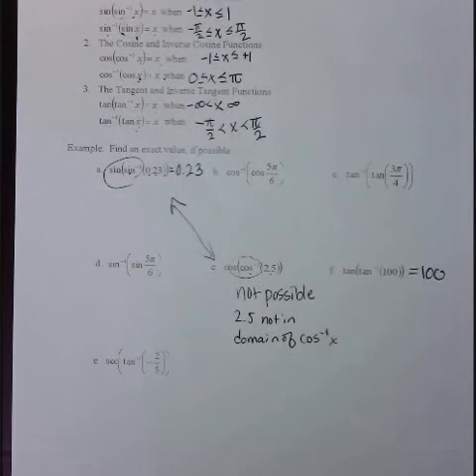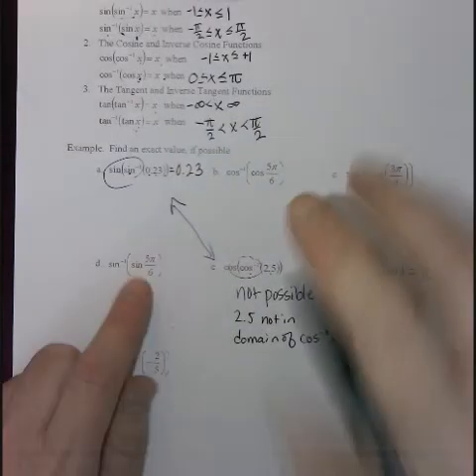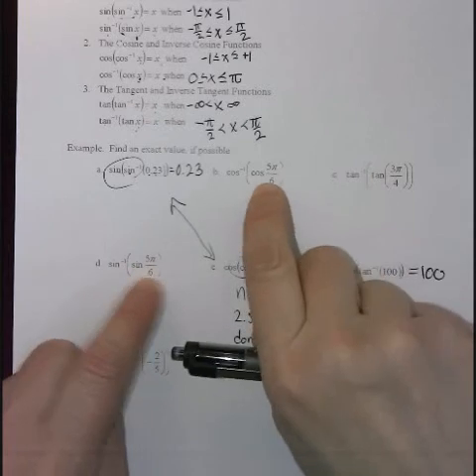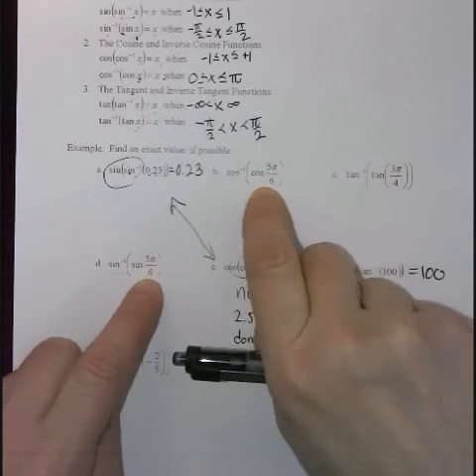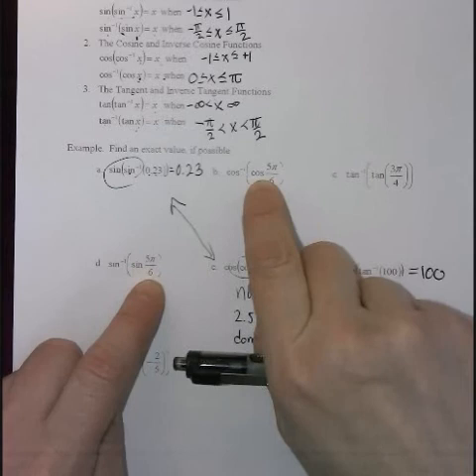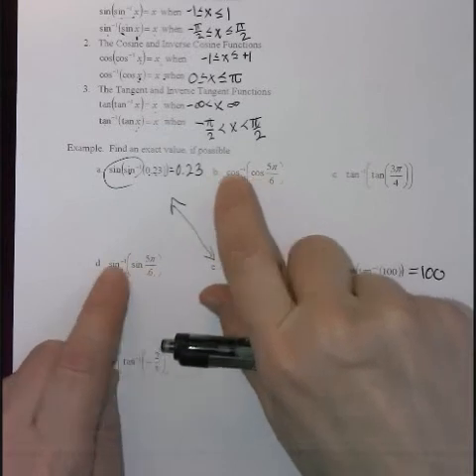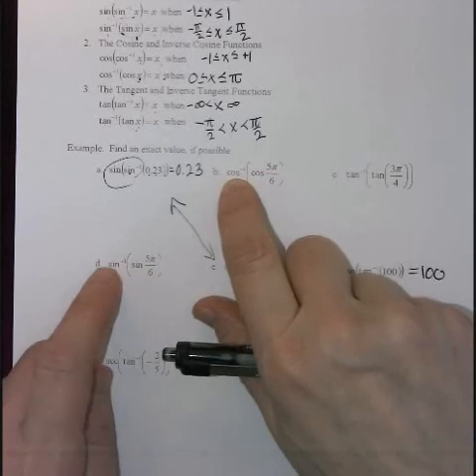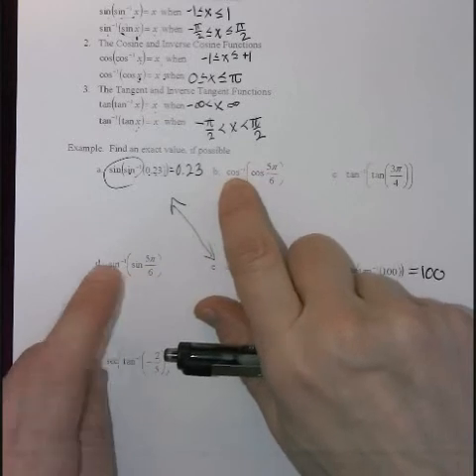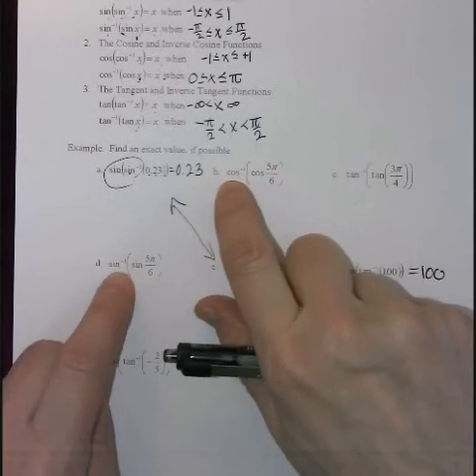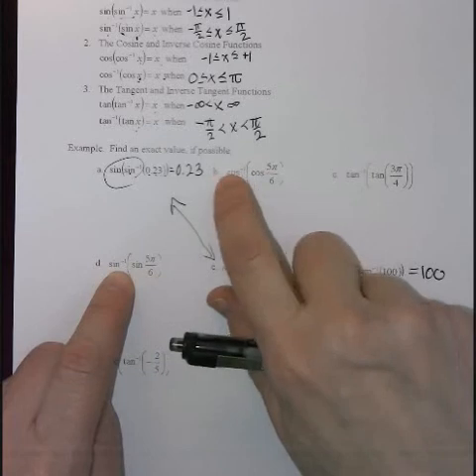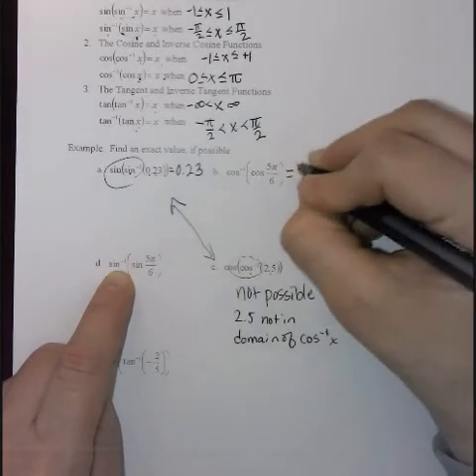So let's look at these two because they both have 5 pi over 6. These are similar problems, but one has sine inverse and one has cosine inverse. Again, we can't blindly say these cancel because cosine inverse has to come from a different interval than sine inverse. So what should we do here? Well, cosine inverse comes from the interval 0 to pi. 5 pi over 6 is in that interval, so these will actually cancel and we will get 5 pi over 6.